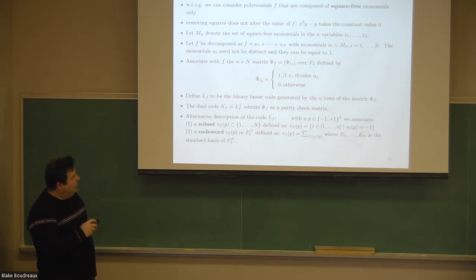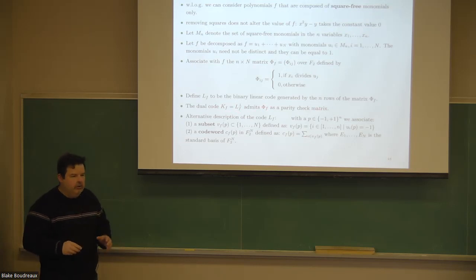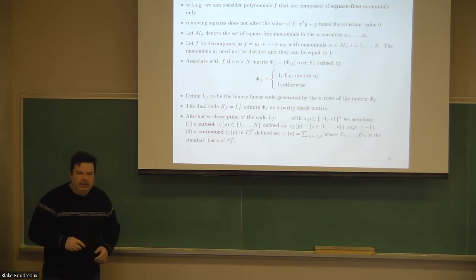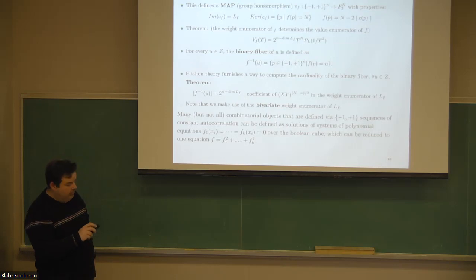The dual code, LF dual, admits this phi as a parity check matrix. If you don't remember this coding theory, I don't remember it either. Anyway, it's a known concept in coding theory. And I will skip some technicalities in the interest of time.